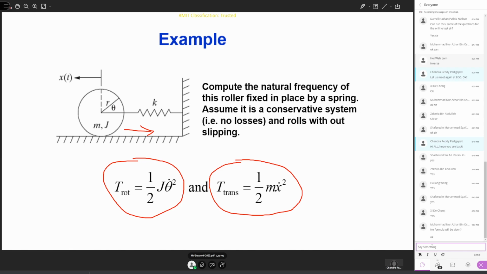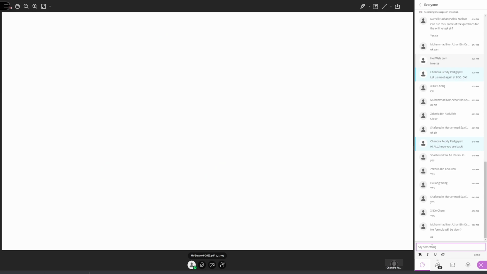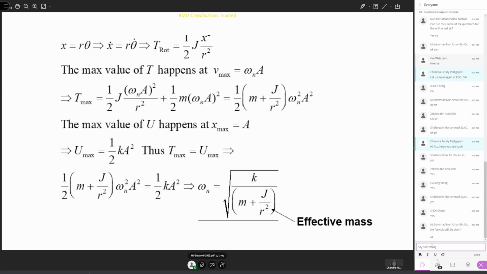Okay, your second question will definitely have a spring and mass system attached. Okay, so this example can be of some help for you. So you can relate the linear and angular variables. So you can write x is equal to r into theta. So then x dot is r into theta dot.